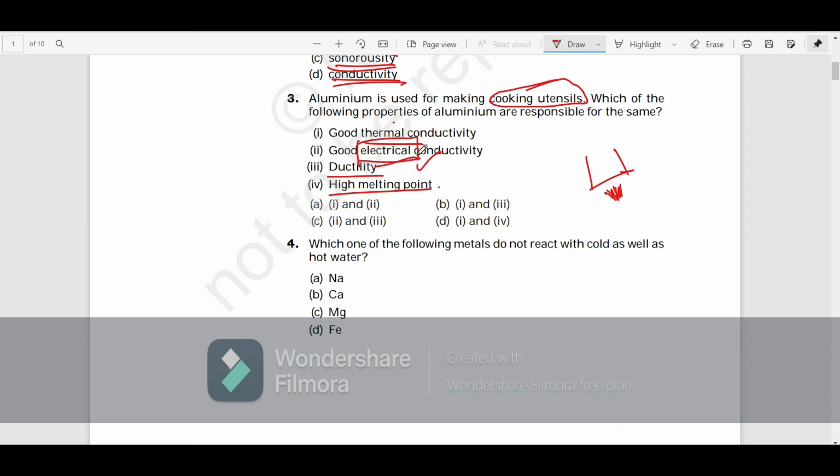Yes, we have some other cookers as well, but we are talking about the usual ones, so it can't be option B. Remove those options with 2. It should be thermal conductivity, because it's of heat. Next, ductility. If it can be drawn into wires, are we going to make cooking utensils with wires? No, right? So it shouldn't be ductility. So it should be 1 and 4, which is the fourth option.